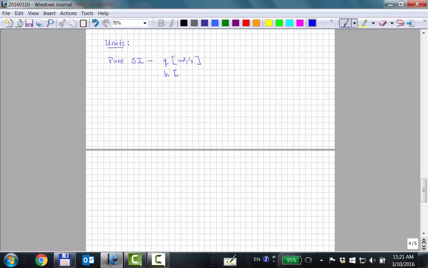Height would be meters. Viscosity, Pascal second. Formation volume factor doesn't have units usually. Pressure, Pascal.